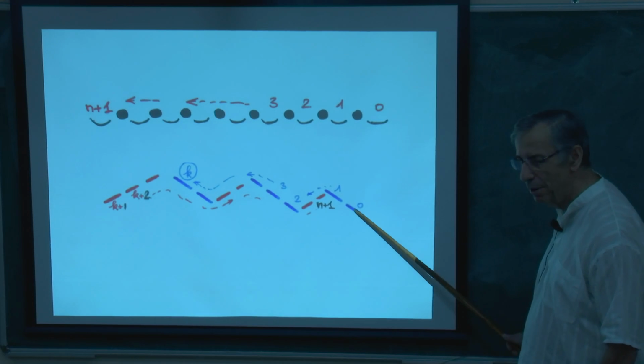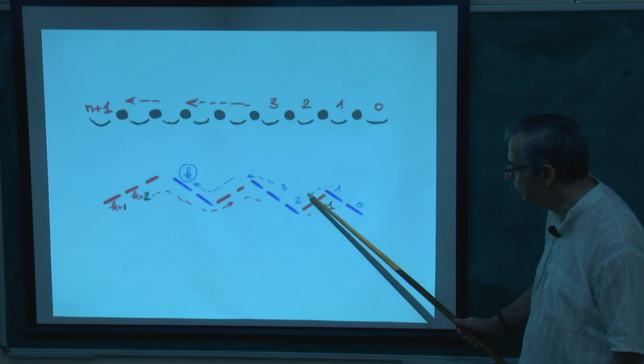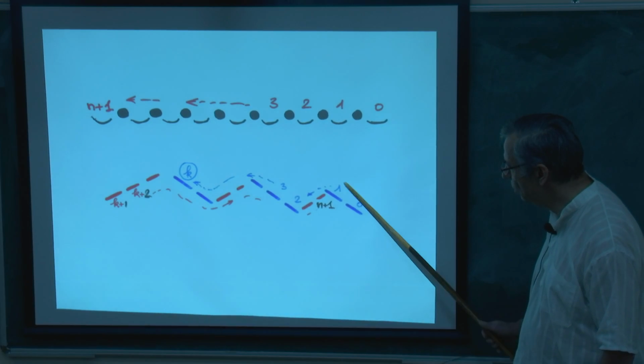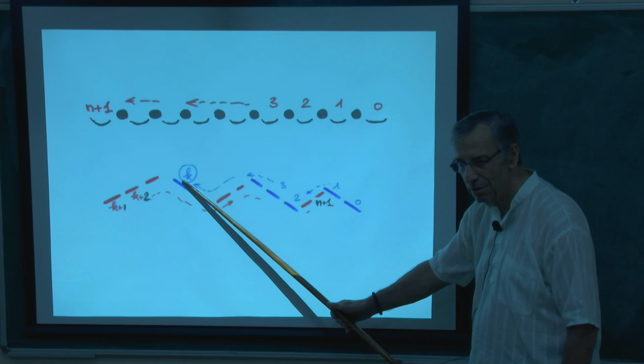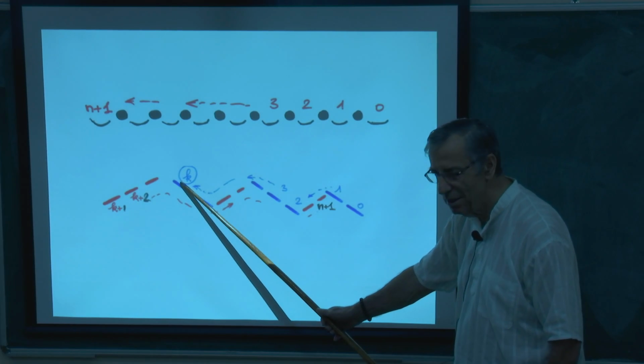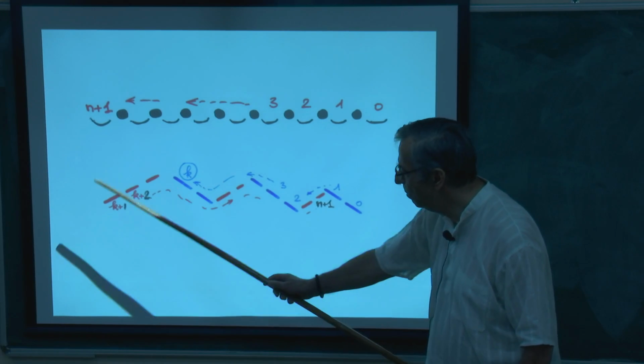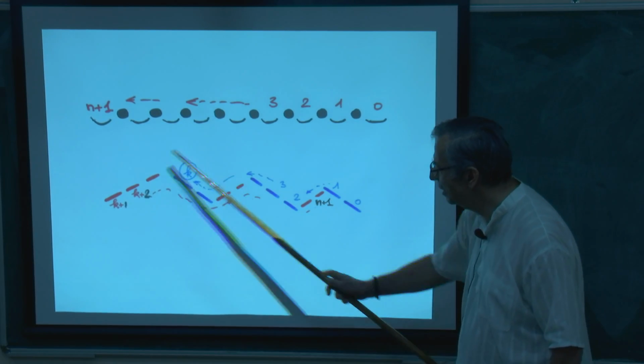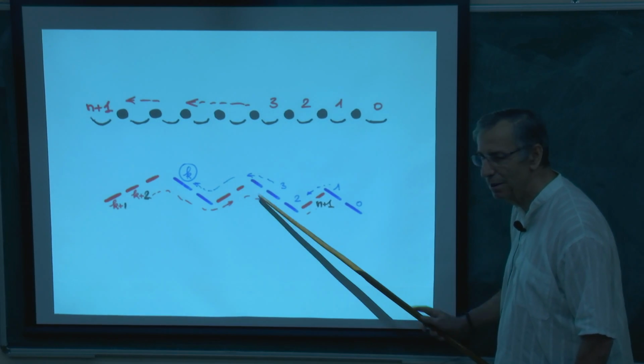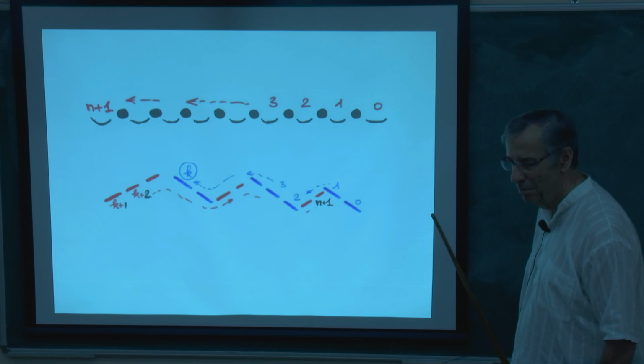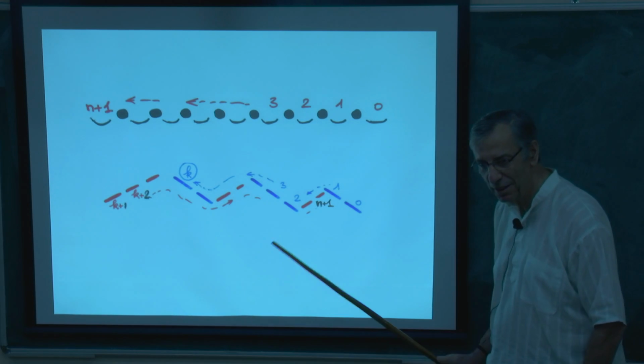You first label the descents from right to left, so 0, 1, 2, 3, 4, 5 until k, the leftmost descent. And then you label the rises from left to right, so k plus 1, k plus 2, k plus 3, etc. So I am going to label like this.